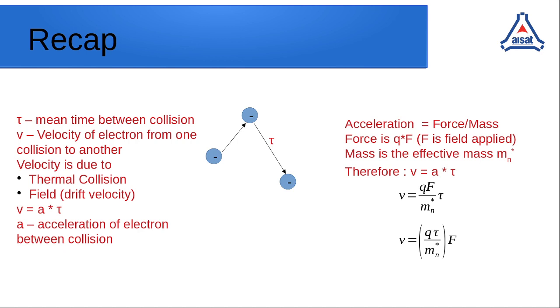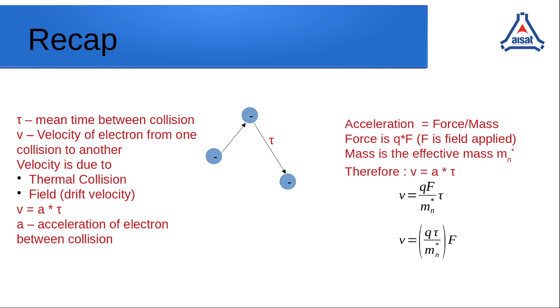Certain notations which I would like to bring back to your memory will be tau, the mean time between collision, v, the velocity of electron from one collision to another. And we made use of simple equations that we had studied in physics, like velocity is equal to acceleration into time, and acceleration is equal to force by mass, or in other words, force is equal to mass into acceleration.